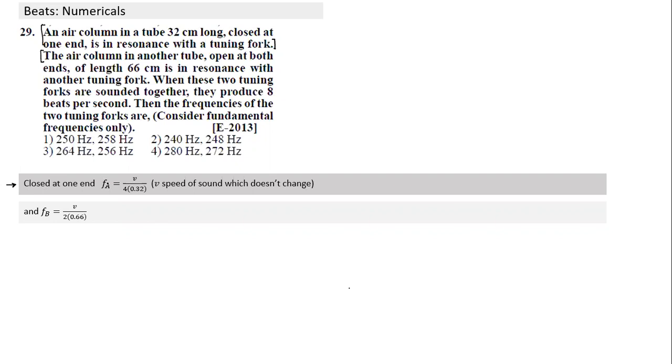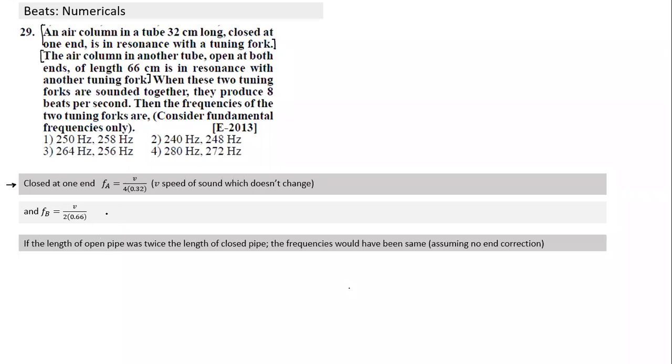FA is the tuning fork frequency, which is the same as the fundamental frequency of the air column of 30 centimeter. The second sentence is equivalent to this equation. FB is equal to V by 2L. Why is it 2 here? Because the second case is an open pipe. So that's what we must remember.